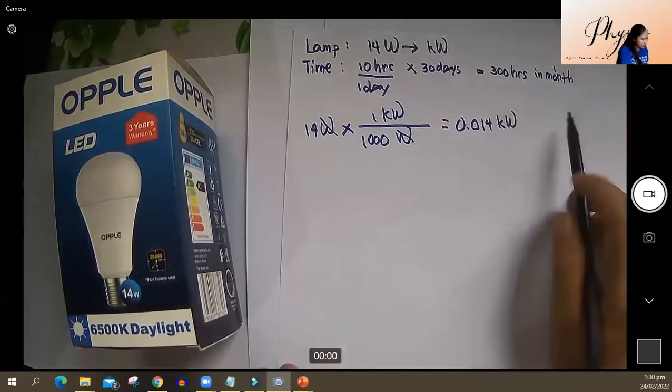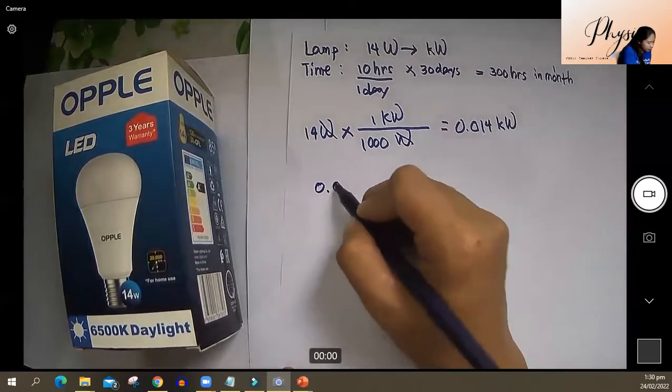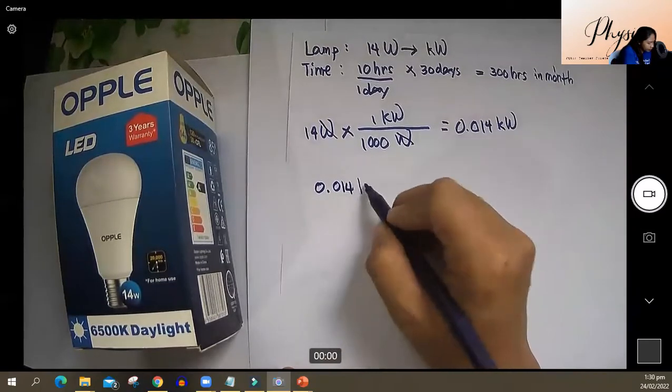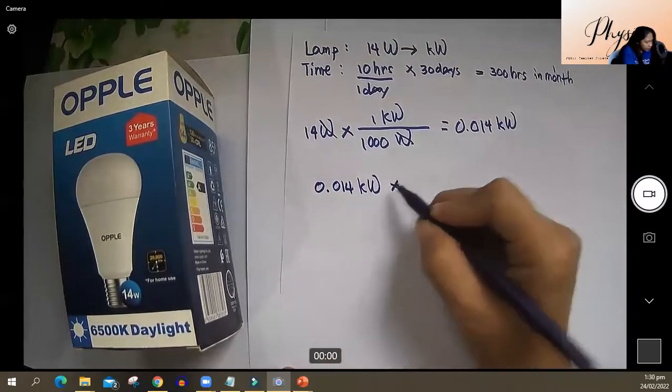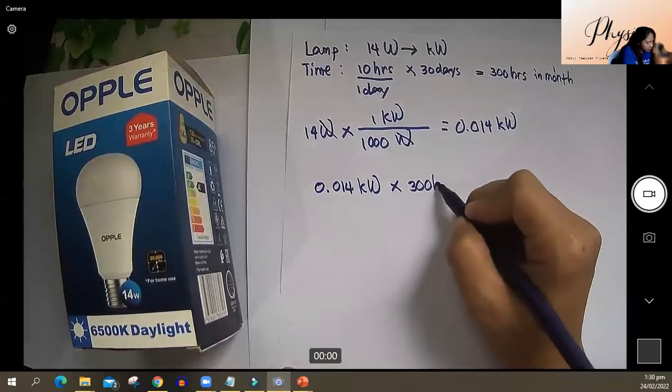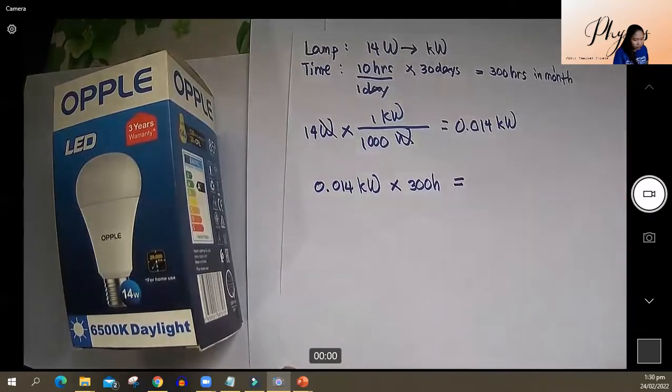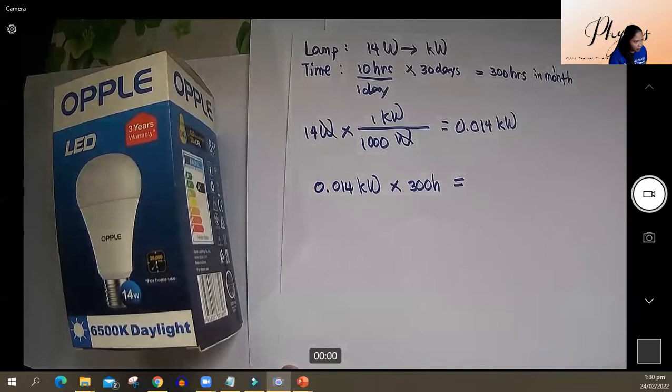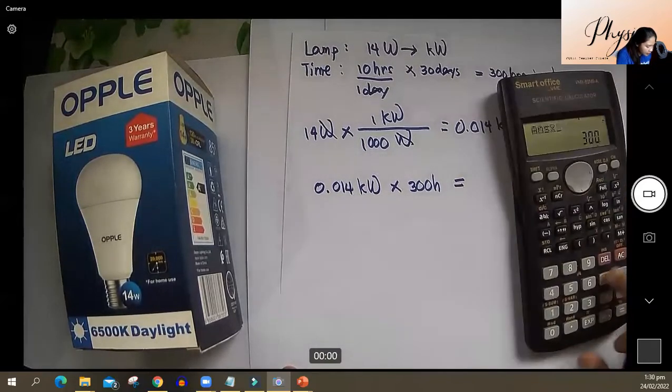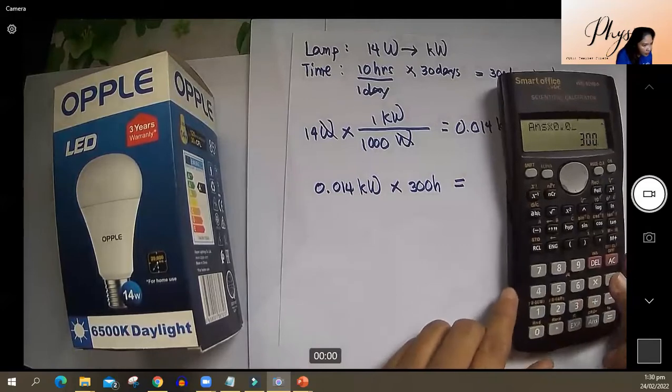Okay, so 0.014 kilowatts multiplied by 300 hours, and that's equal to how much? We can use our calculator. 300 times 0.014.